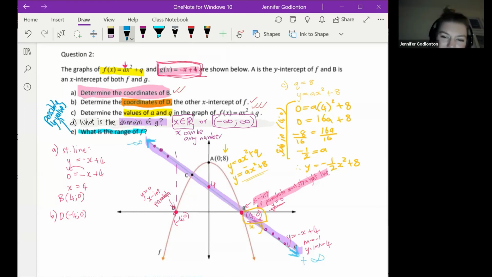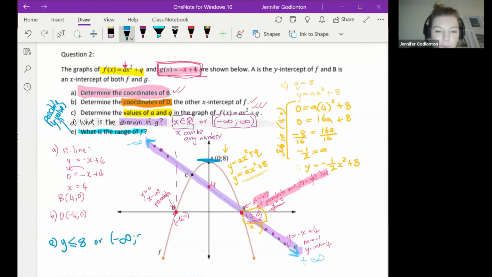So we look at what is the top value that y can be. Top value y can be is 8. And so we'd say y has to be less than or equal to 8. Or we can say from -infinity all the way to 8. So either way, whichever way you learned in class, that's the way that you should write this.